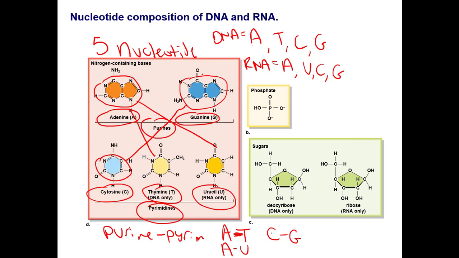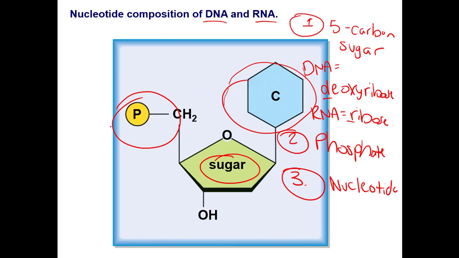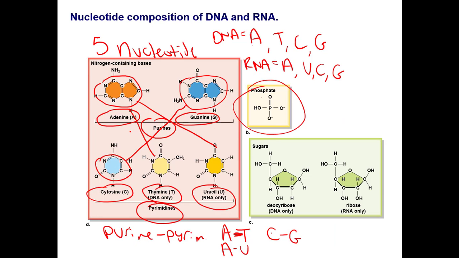If we go back to the previous slide, remember phosphate is the second major component of DNA and RNA. This is what the phosphate looks like. Then lastly, the third component we said was that 5-carbon sugar, deoxyribose, which is in DNA, and ribose, which is in RNA.